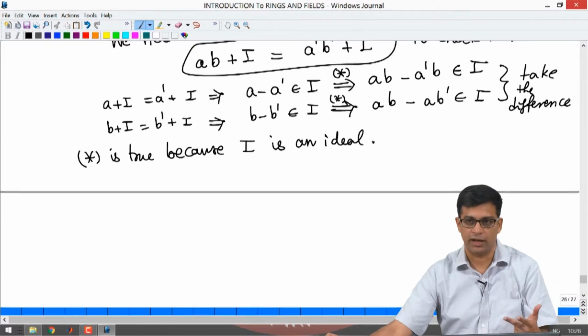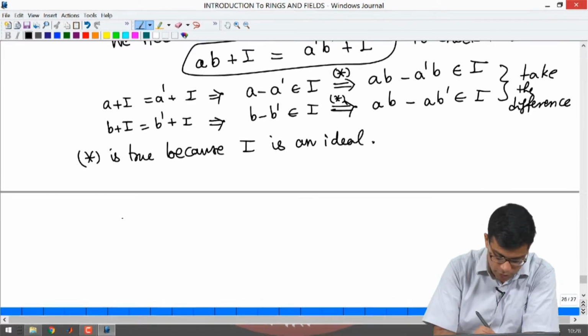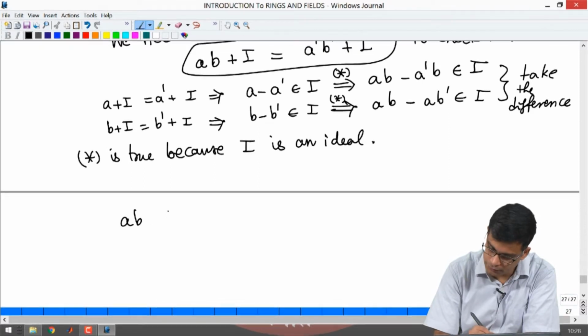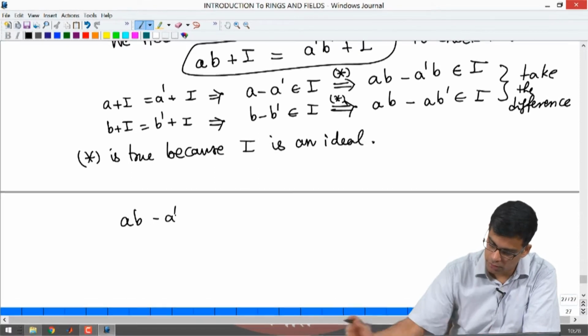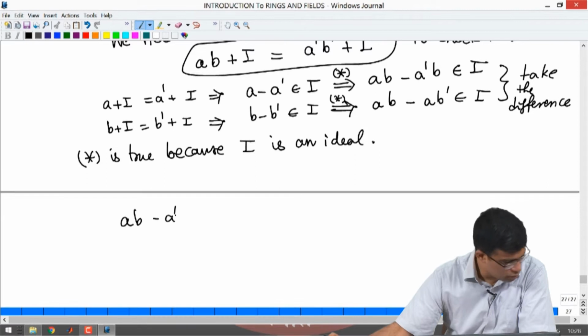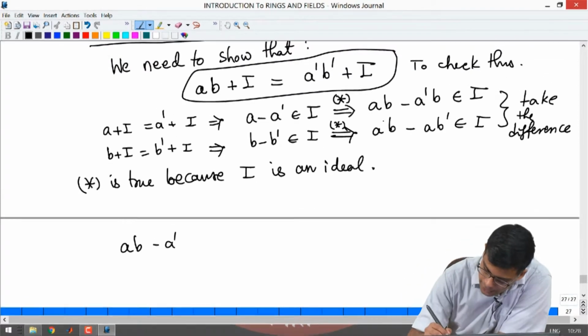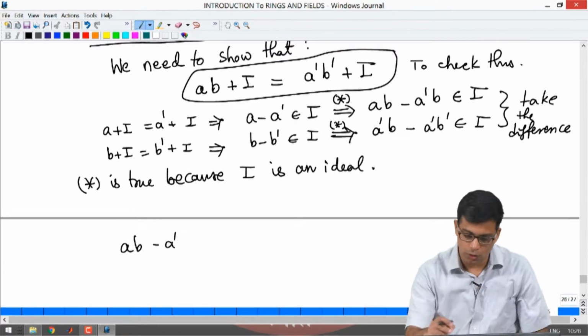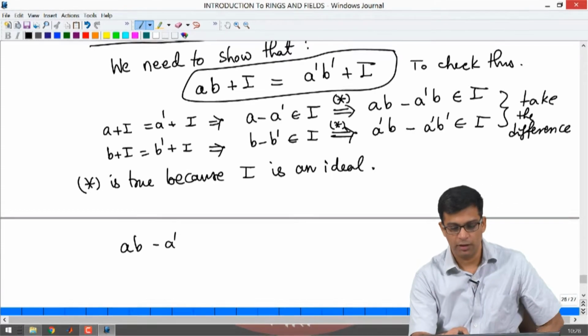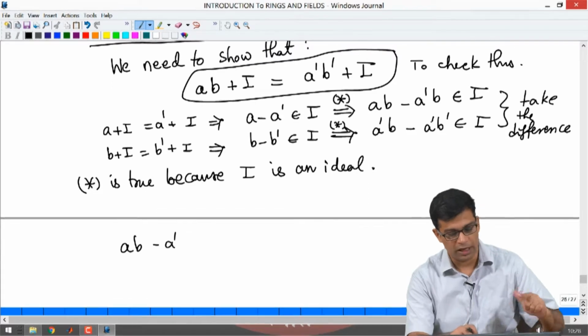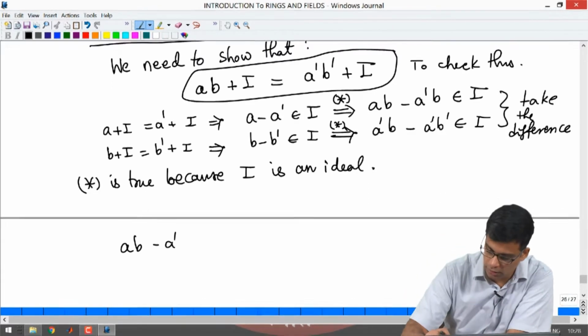So, if two things are in an ideal, their difference is in the ideal. So, ab minus a prime b, sorry, something is wrong here. So, actually I will do a prime times this. So, b minus b prime is in I, a prime is a ring element, I multiply by a prime, it is also in the ideal. So, a prime b minus a prime b prime is in I.